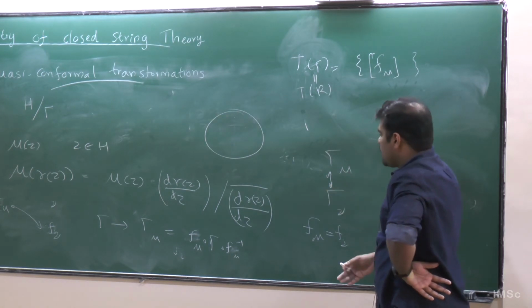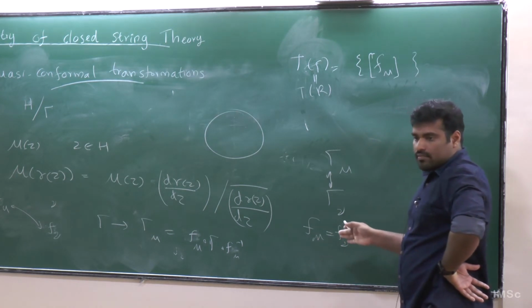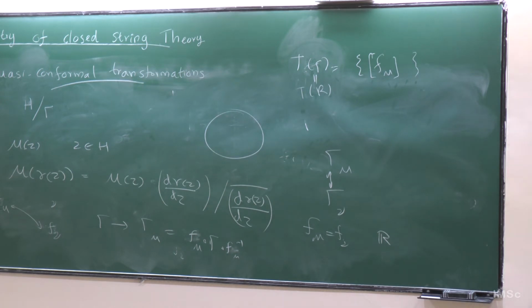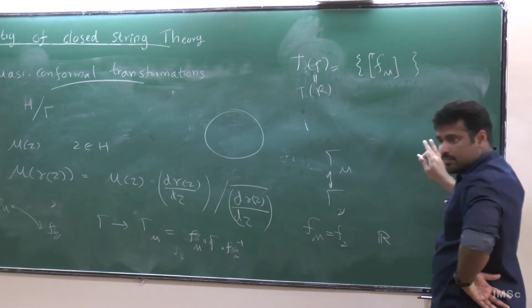Now the good thing is that we have a better way to characterize the inequivalent class. Whenever f mu equals f nu, you have to think of them as the same on the full upper half plane, or as equivalent.